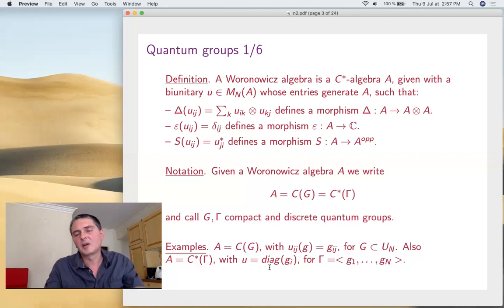In general, you can call it C star of gamma. And all this is, of course, supported by Pontryagin duality too. So if gamma happens to be an abelian group, we have indeed this C star of gamma, with gamma hat the dual. So yeah, that's the formalism.